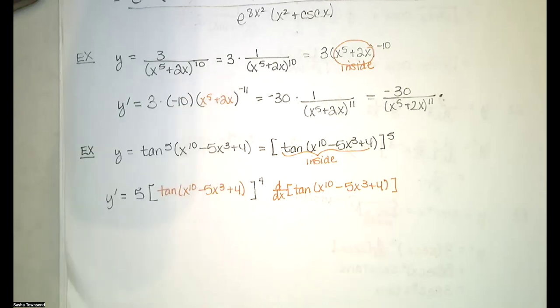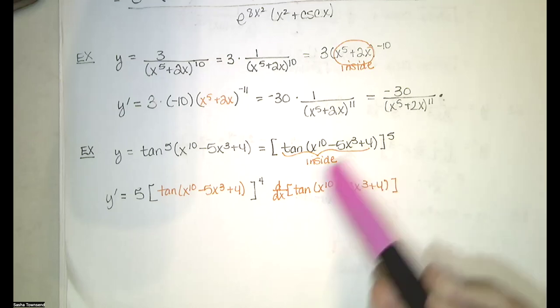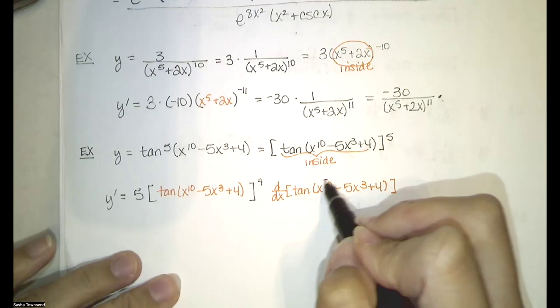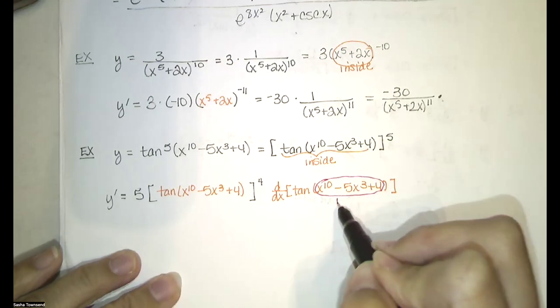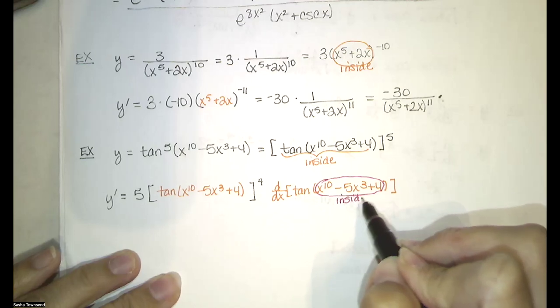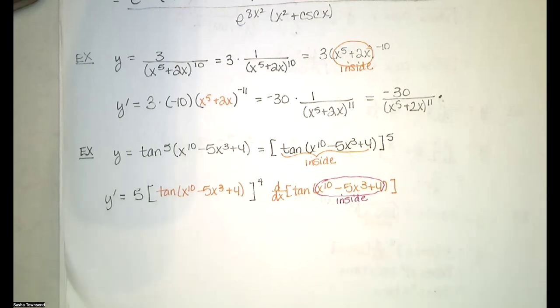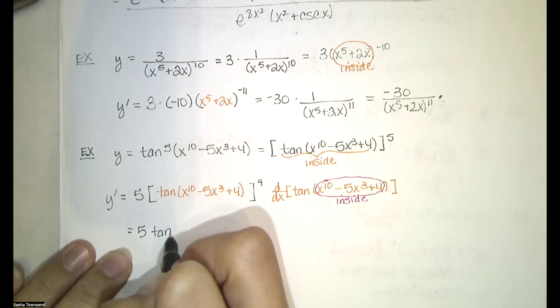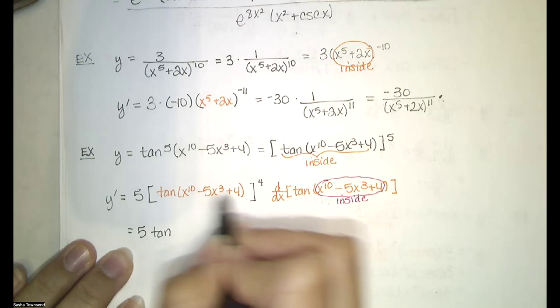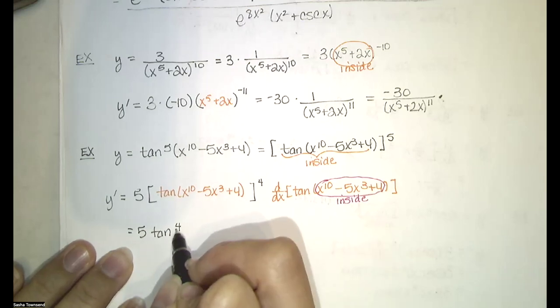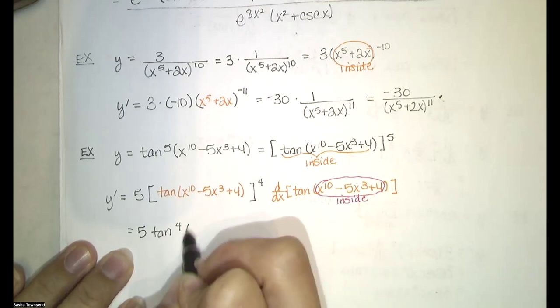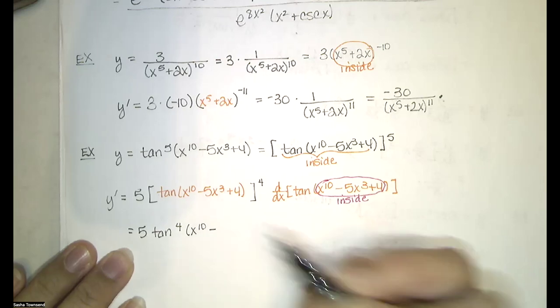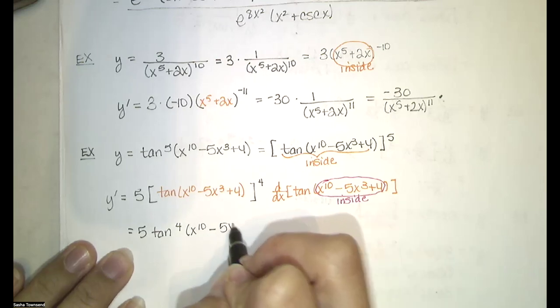So, well, yeah, I've got the tangent, again, of this polynomial. So I'm going to use the chain rule again. Here, my inside function is the polynomial function, and the outside function is the tangent function. And a trig function raised to the 4th power is just, we notate it this way, tangent to the 4th of x to the 10th minus 5x cubed plus 4.